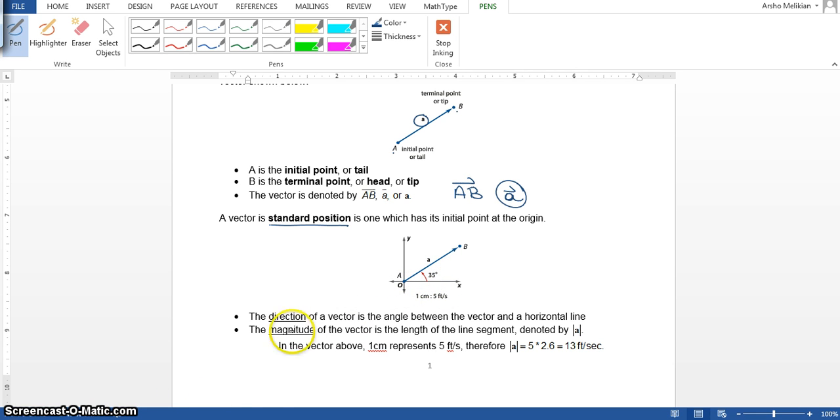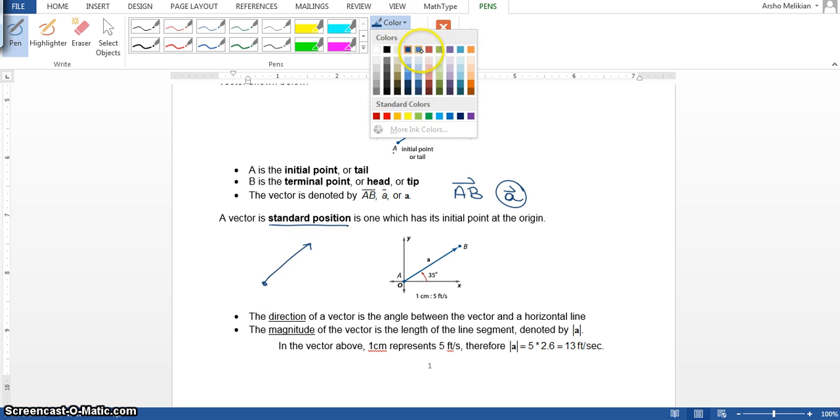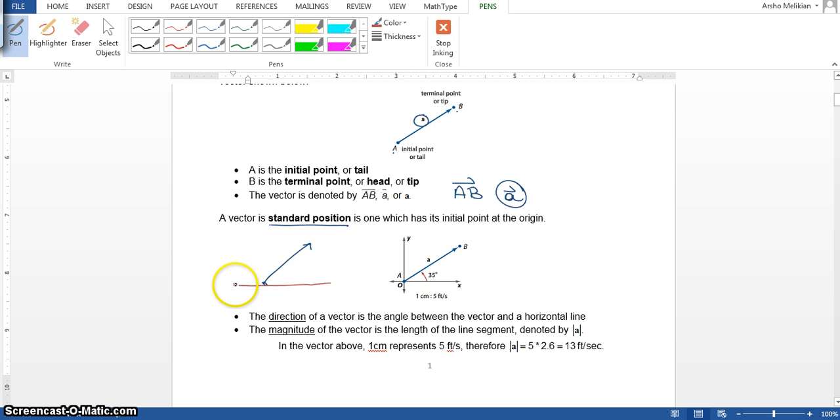If you just have your vector up in the air like this, you can still draw a horizontal line, and this angle is the direction of the vector. So it doesn't always have to be north, south, east, west. It can obviously be anywhere on the circle.